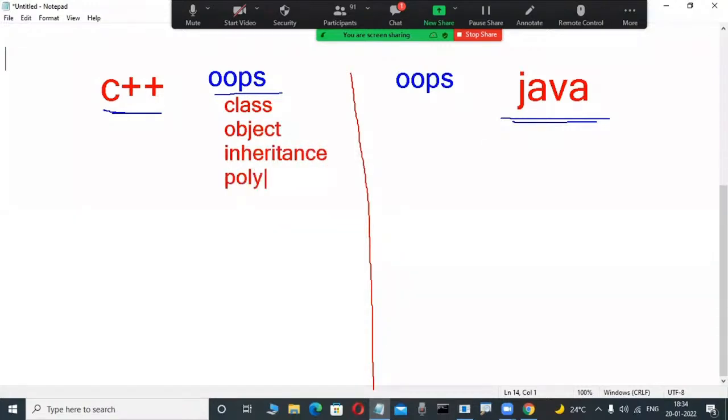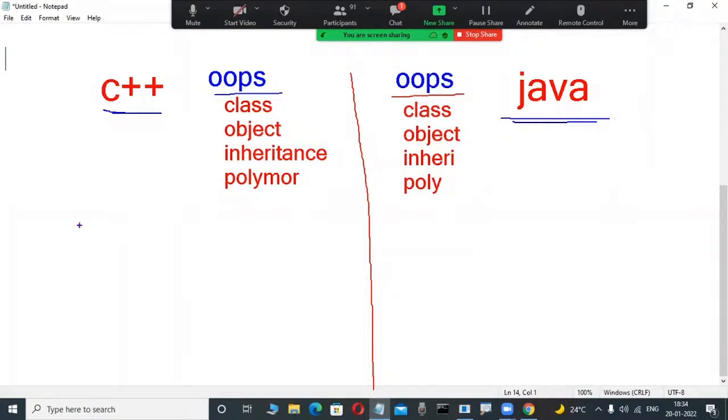Same here in Java, the OOPS concepts: what is class, what is object, what is inheritance, what is polymorphism. So conceptually class, object, inheritance, polymorphism are the same in C++ and Java. Encapsulation, binding, something like that. But observe here.